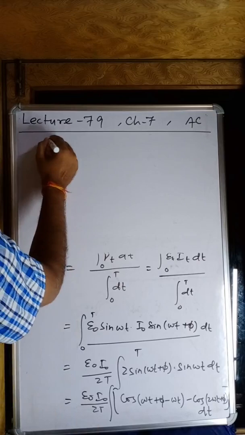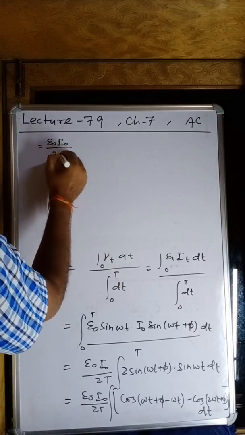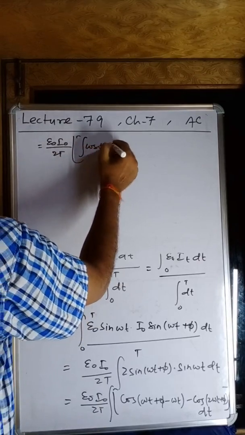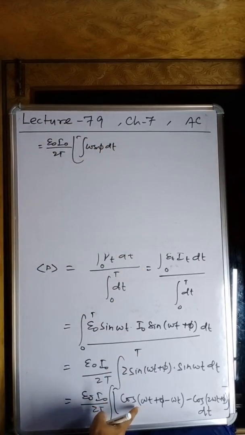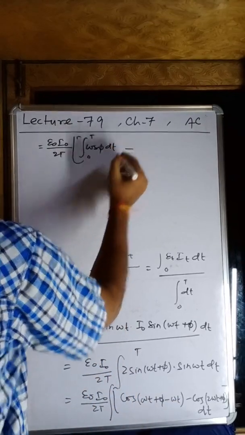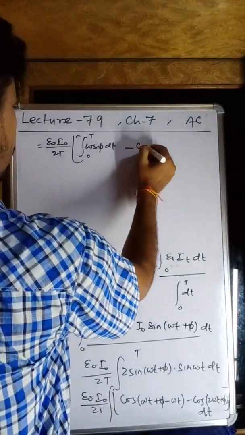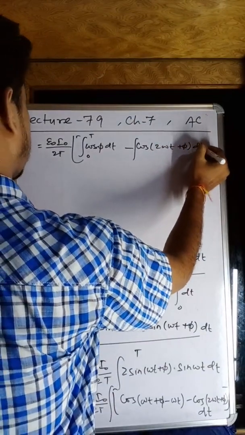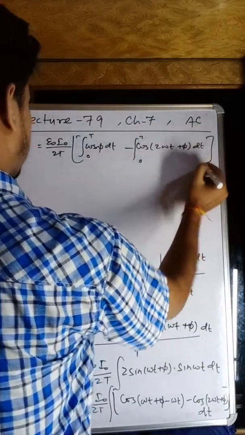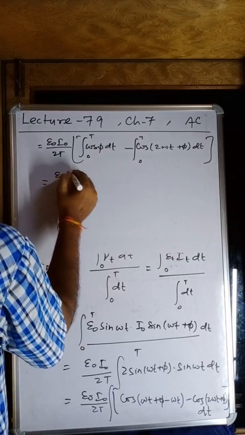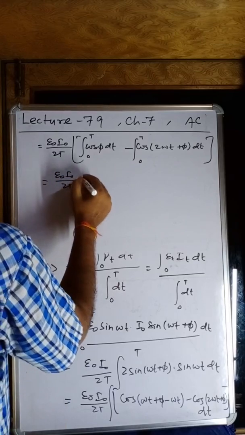It is E naught I naught over 2T, and we will integrate here cos phi dt. You can see omega t will be cancelled out, cos phi dt, minus the integration of cos twice omega t plus phi dt, for the full cycle. Now this will be E naught I naught over 2T.